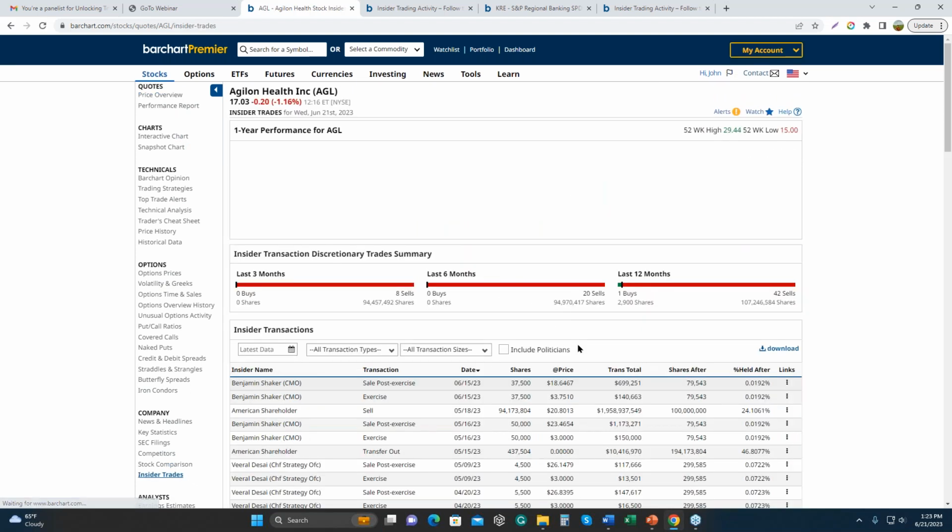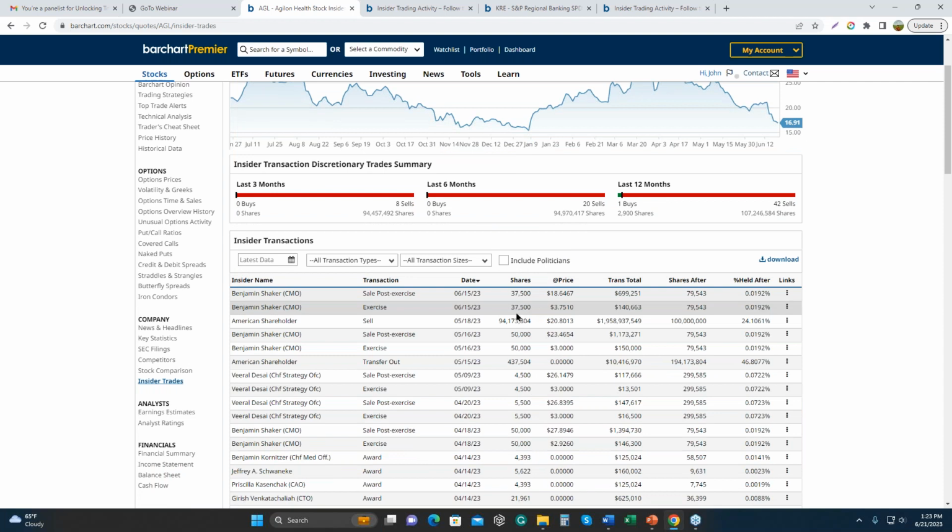Not only that, but in terms of the number of shares that they sold in terms of their holdings prior to and then post, here you can see that they only had 100 million shares left afterwards. So is this a good sign for this stock? Probably not.